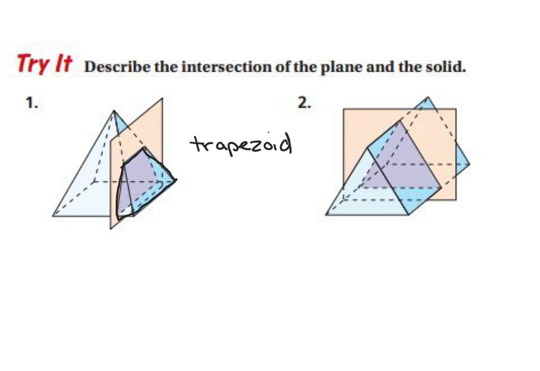In try it number 2, we have a triangular prism, and that one is being sliced or intersected right down through the middle. And so for this one, our cross section is going to be just a perfect triangle.